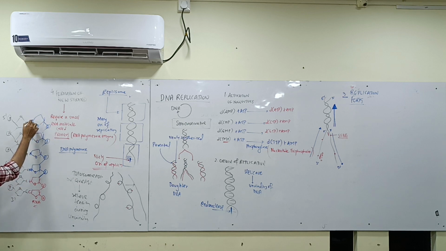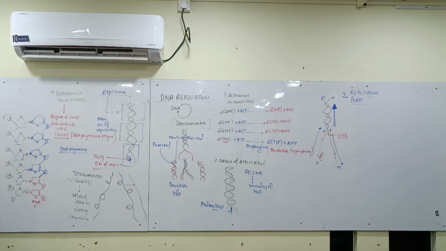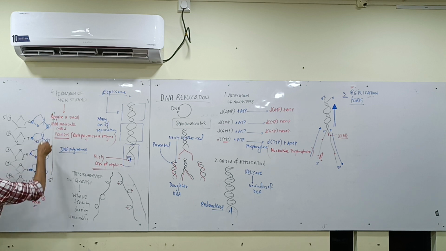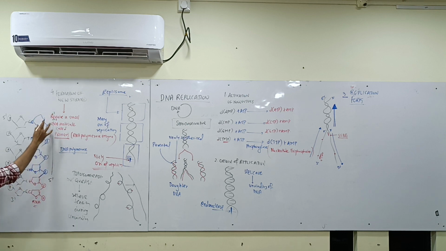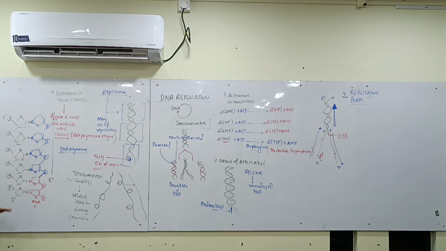A and C. Now, my question to you guys is, the new strand is synthesized in which direction? 5 prime to 3 prime of its own. बनने के बाद उसको आप कैसे रीड करोगे? 5 prime to 3 prime या 3 prime to 5 prime? लेकिन वो बन कैसे रहा है? 5 prime to 3 prime.